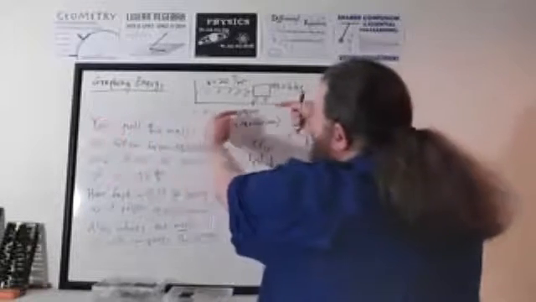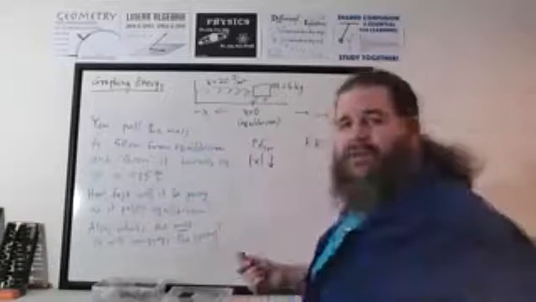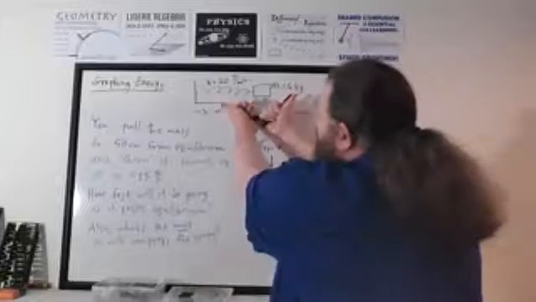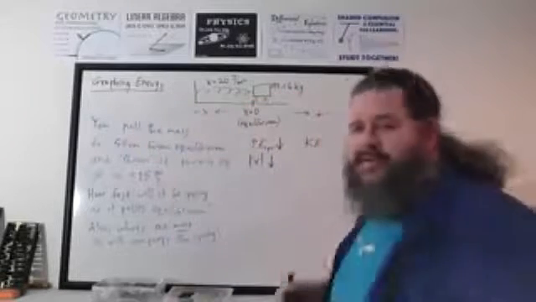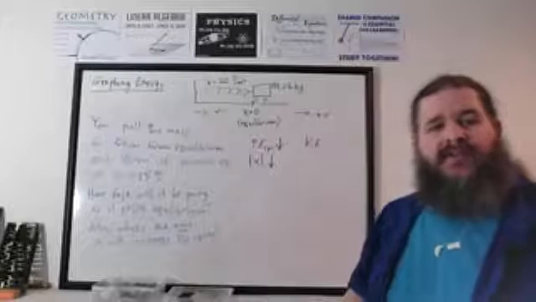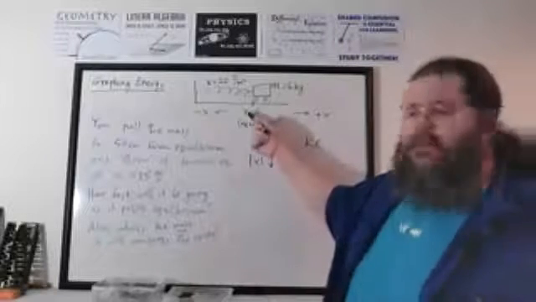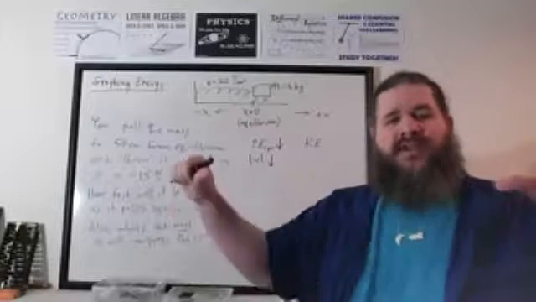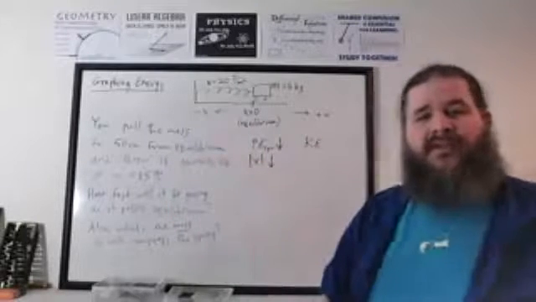If you're getting closer to equilibrium from either side, you're decreasing the absolute value of x. So potential energy is decreasing. If you're moving away from equilibrium in either direction, then you're increasing the potential energy. So equilibrium is the lowest potential energy. If you get further from equilibrium, you're gaining potential energy. If you get closer to equilibrium, you're losing potential energy.